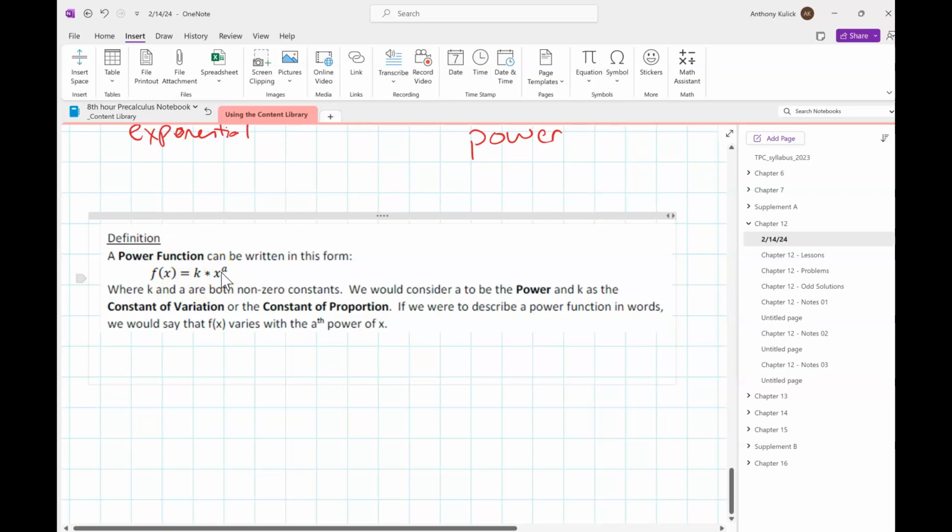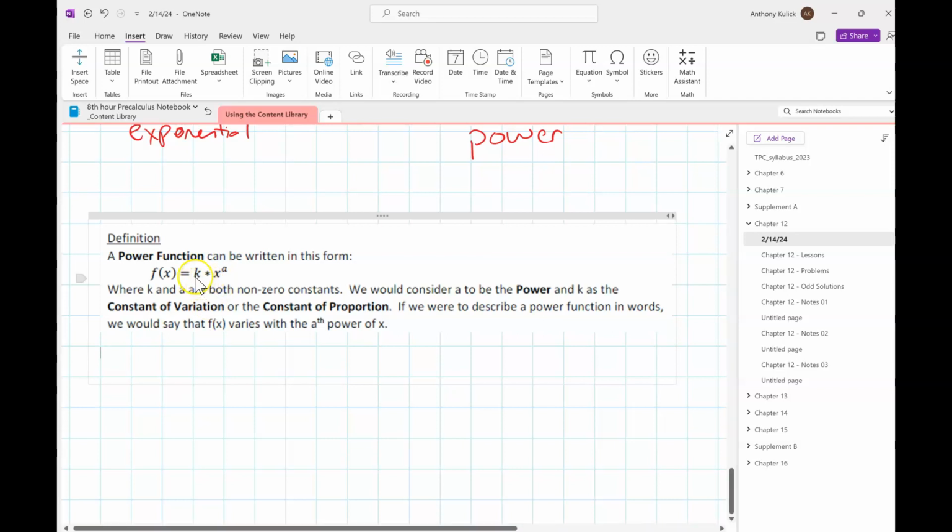Mr. Kulik, isn't that just like a polynomial? No, because there aren't any restrictions on a other than it can't be 0. So a can be negative, a can be a decimal, can be a fraction. Could it be a whole number still? Yeah. Everybody's okay?